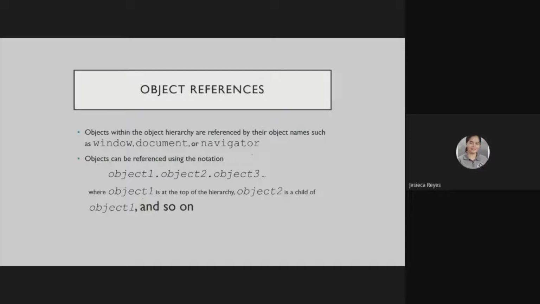Okay, here object1 is at the top of the hierarchy, and object2 is the child of object1 and so on. For example, when you are going to display a dialog box, you are going to say window.alert. Okay? Window is the parent, the top of the hierarchy of the alert object.